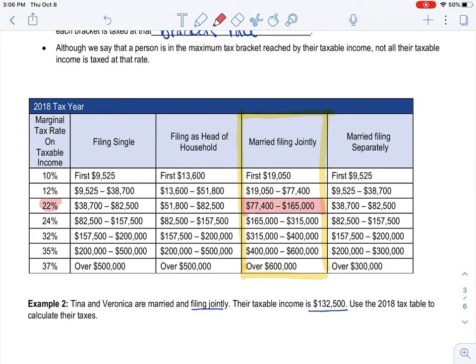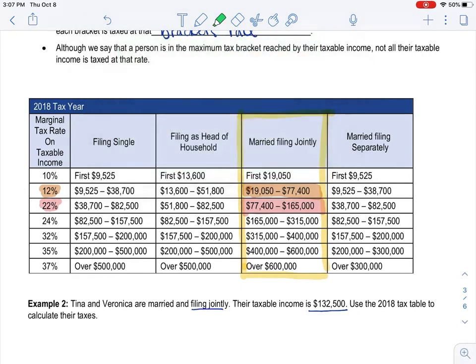However, let's look at how to use this because it's only between $77,400 and $165,000 that is actually taxed at 22%. Then between $19,050 and $77,400-ish, that's actually taxed at 12%.